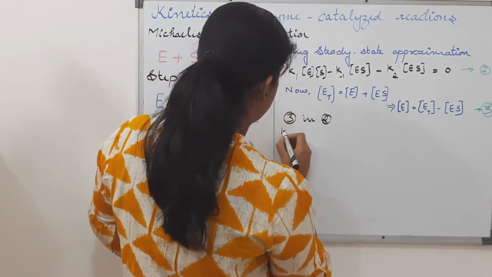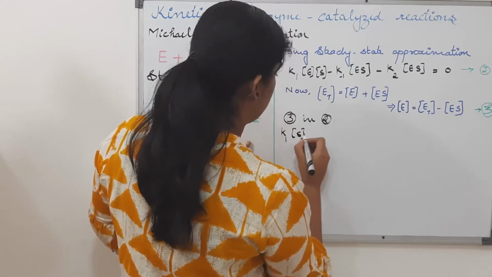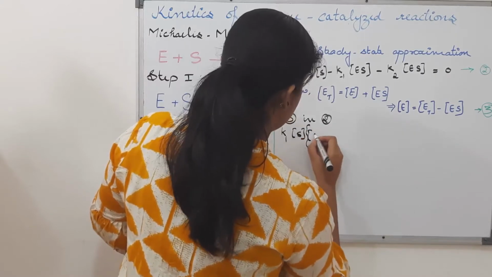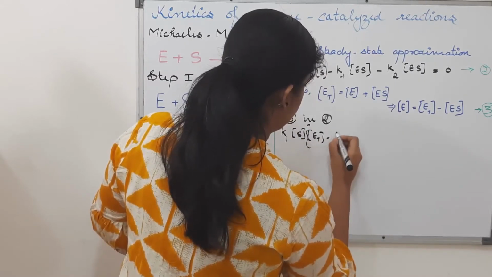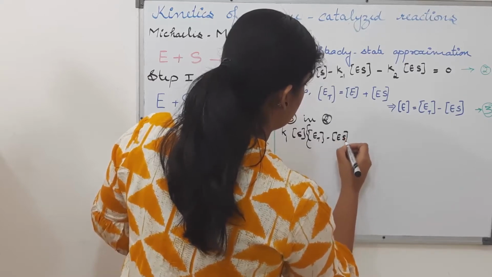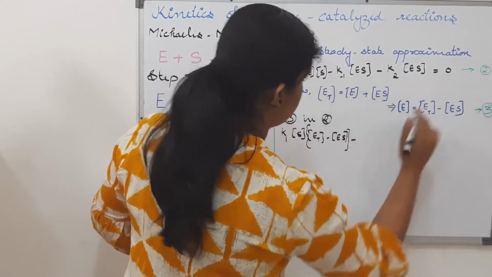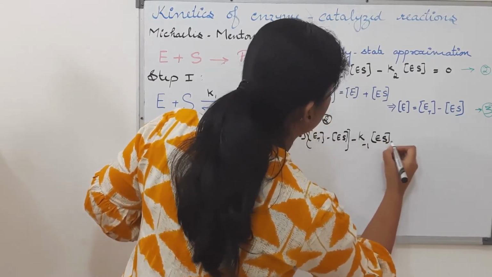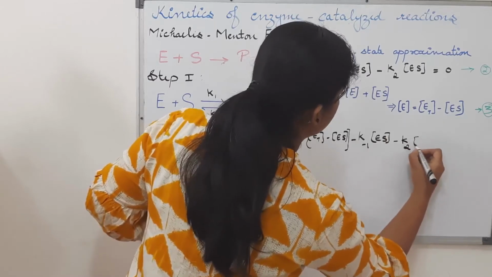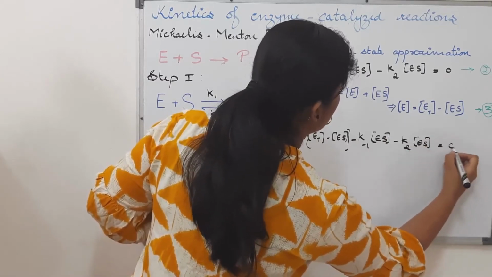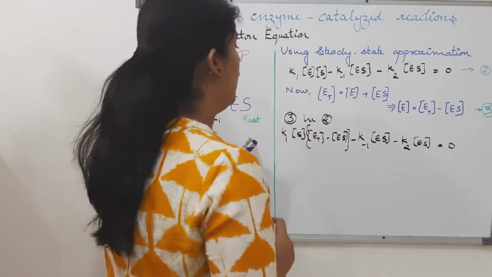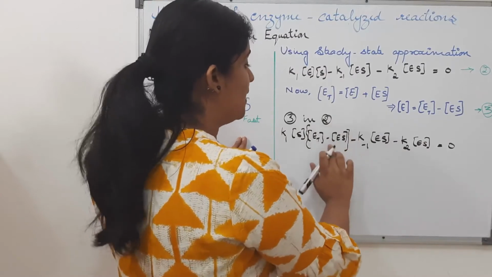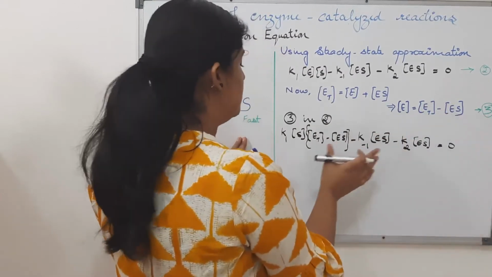So my K1 into substrate concentration into, instead of this E, I am going to put this term, ET minus ES, minus the remaining terms as they are, K minus 1 into ES minus K2 into ES, and that is equal to 0, right? Now I have to open up this bracket and take the terms with ES to one side and the remaining terms on the other side.